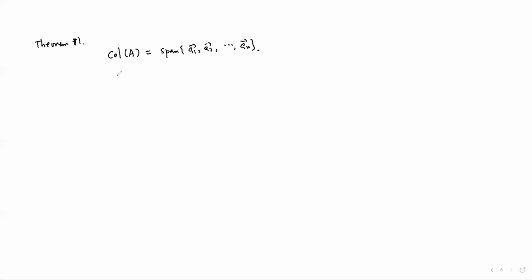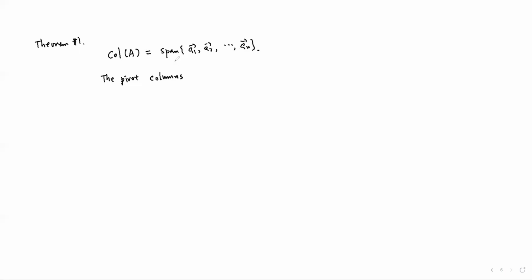The pivot columns. Determine which columns are pivot columns. How to see which columns are pivot columns? Reduce the matrix A to echelon form. Then you can see the pivot columns.